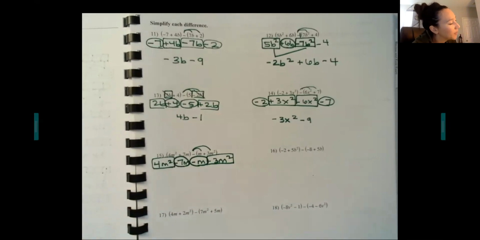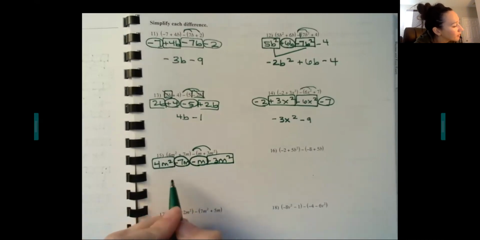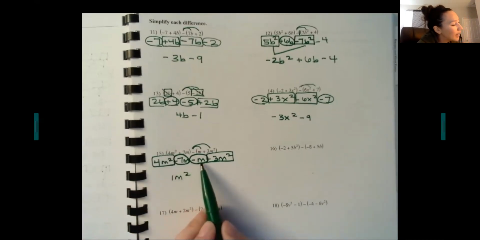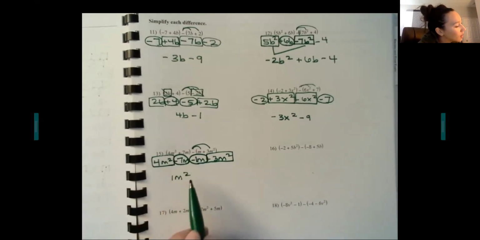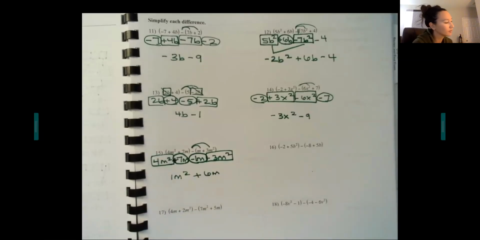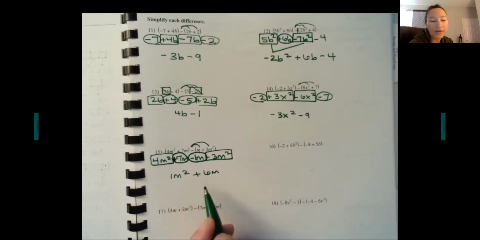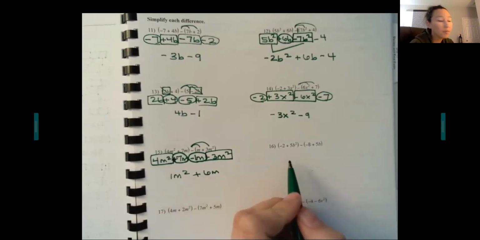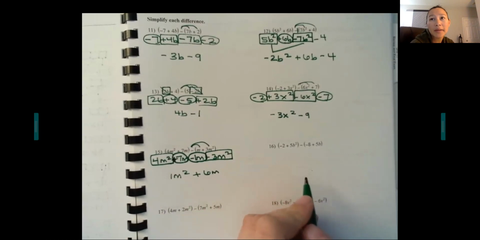Very good. And then what did you get? 1m to the second power plus 6m. So I think we have a negative 7 and a negative 1, right? Oh, no, that's a positive. Sorry, you're right. So then you're right. It would be positive 6m. That looked like a negative. Good. Thank you, Candace. And number 16, was that you, Eliab?